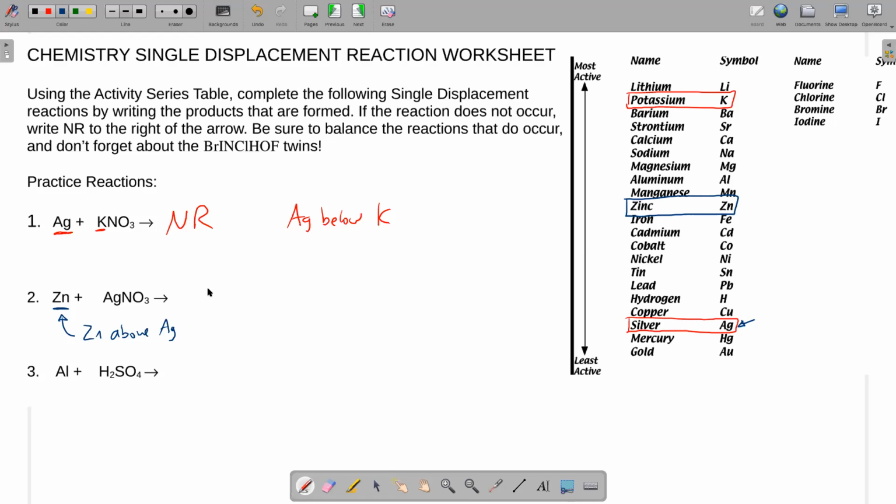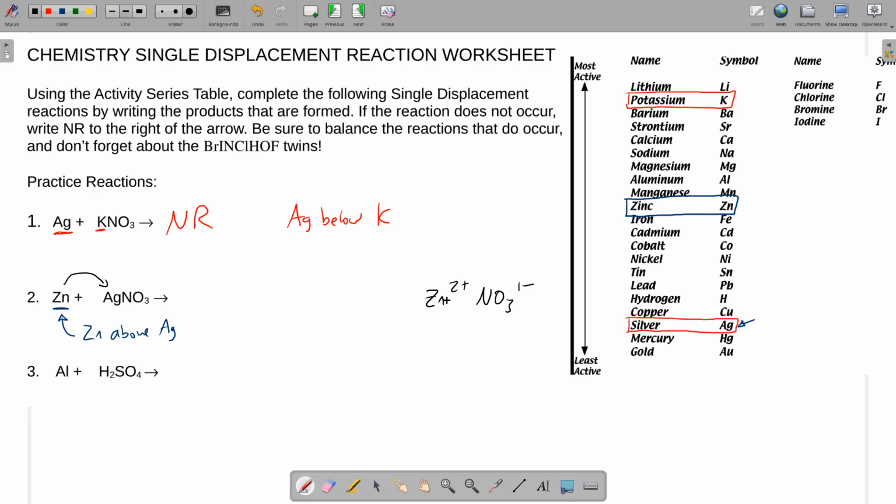But zinc is Zn2 plus. Whenever this compound forms, the zinc is going to replace the silver. I'll write it over here. Zinc is Zn2 plus, and nitrate is NO3 1 minus. If the zinc is going to replace the silver, zinc is going to go with the nitrate.